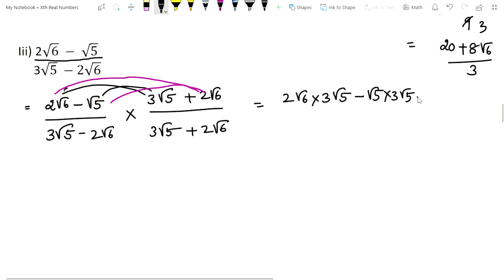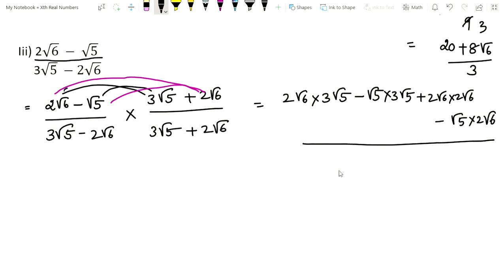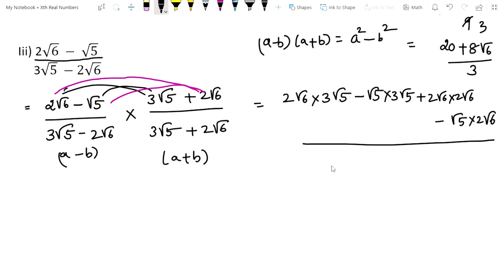So plus 2 root 6 into 2 root 6, minus into plus, minus root 5 into 2 root 6, divided by, here it is in the form of (a minus b)(a plus b). So what is the formula? (a minus b)(a plus b) equal to a square minus b square. Here a equal to 3 root 5, the whole square, minus 2 root 6, the whole square.